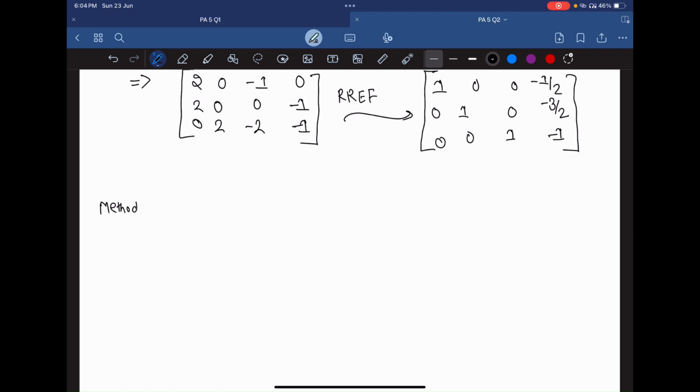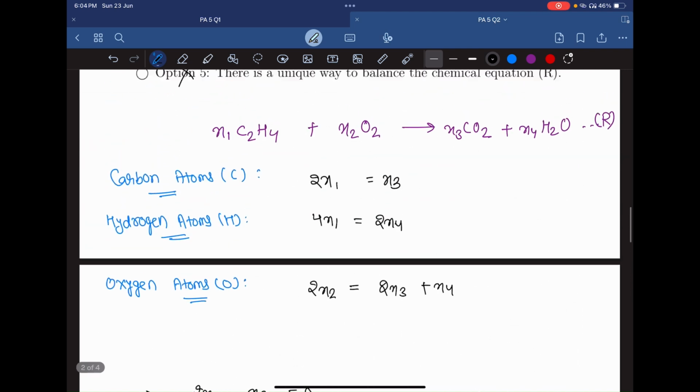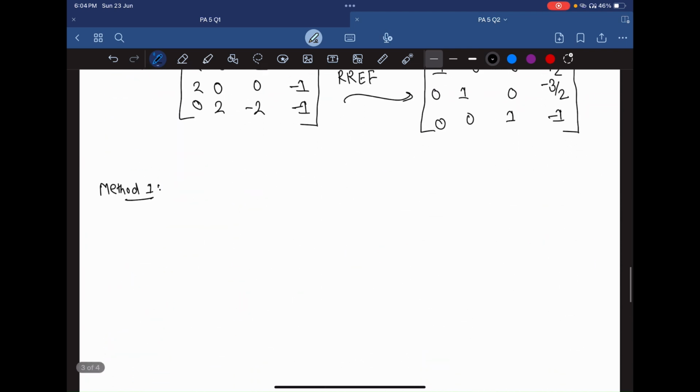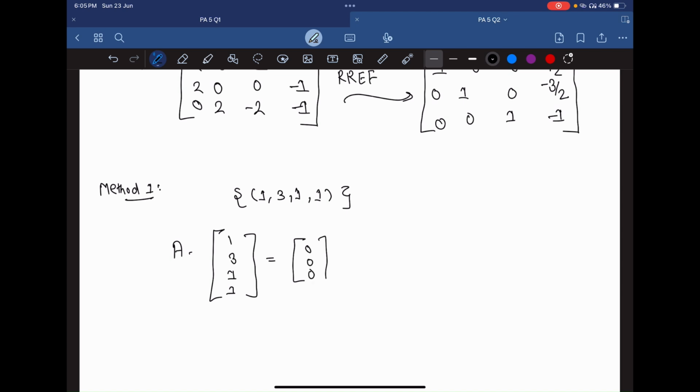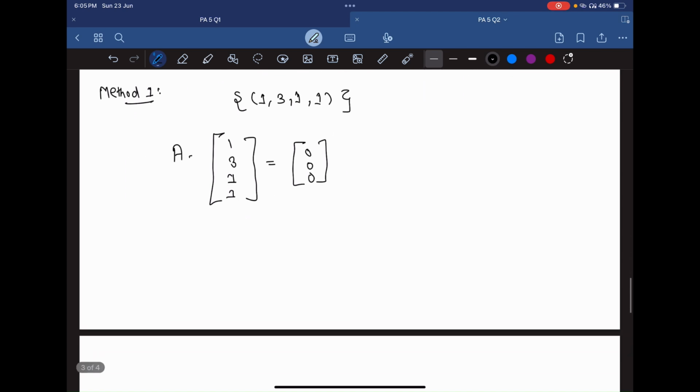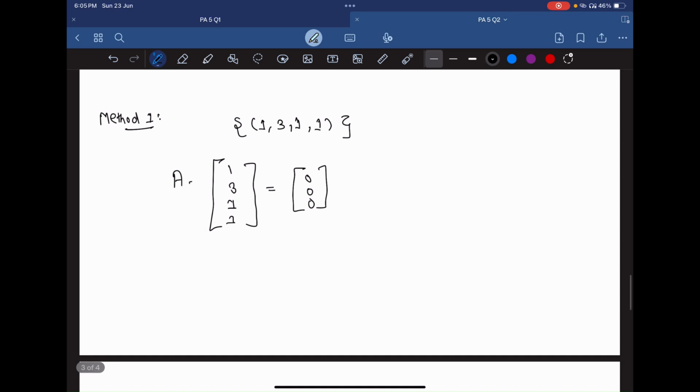The first way is if the vector (1, 3, 1, 1) is a basis for null space of the matrix A, then A times this vector should result in 0. The other method is we try to find the basis for the null space of the matrix. We will look at both methods.